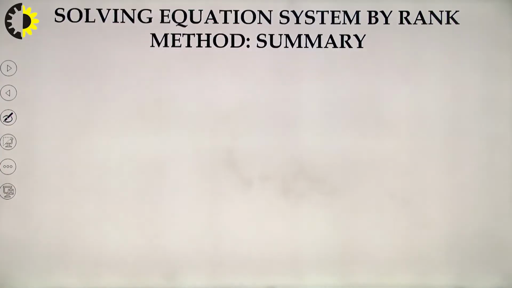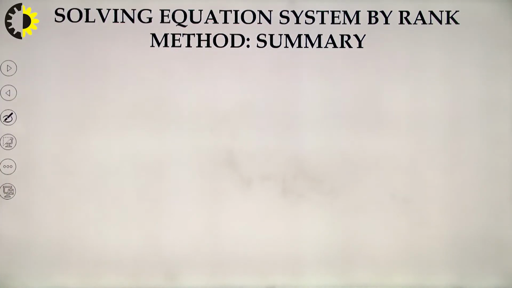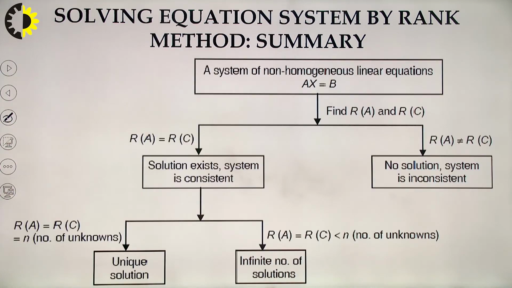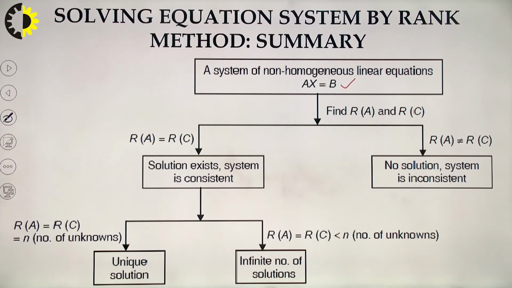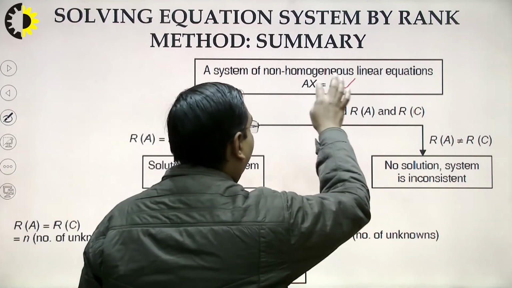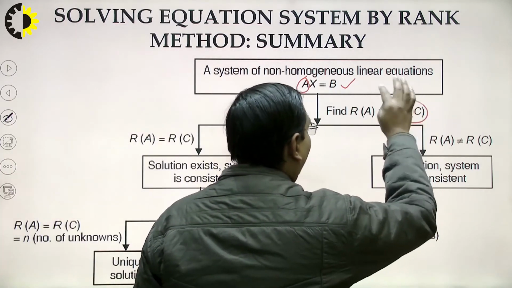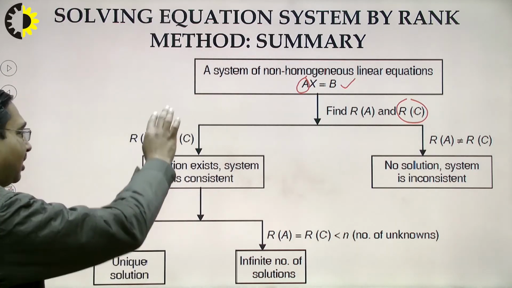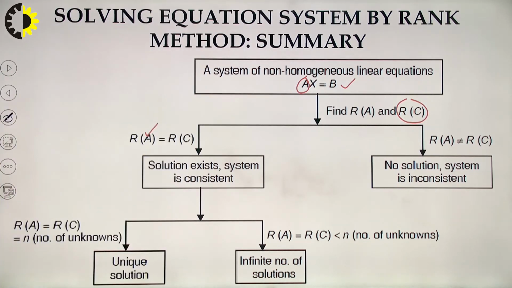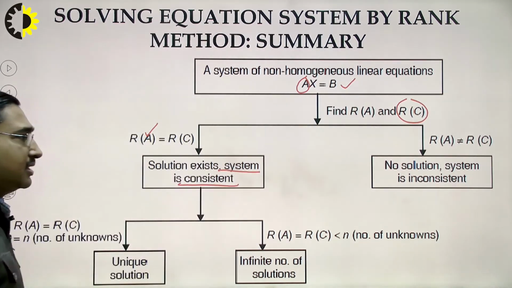Now we summarize the procedure of finding solution of system of equations by this method. Consider Ax equal to B as a system. Find rank of this matrix A and rank of augmented matrix written as C here. If rank of A is equal to rank of C, then system will be consistent.